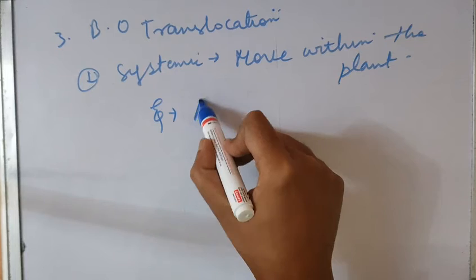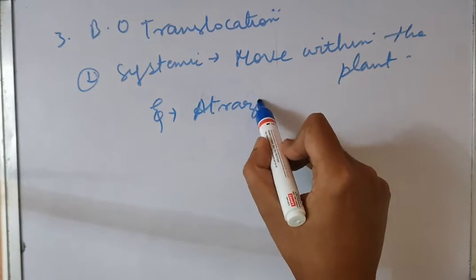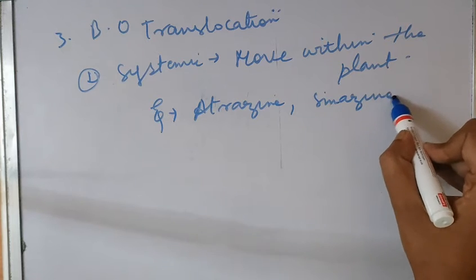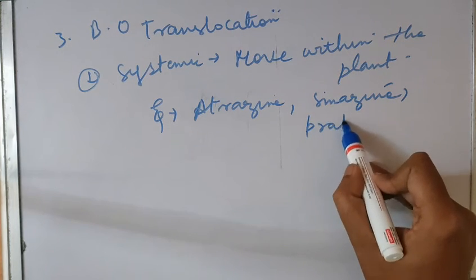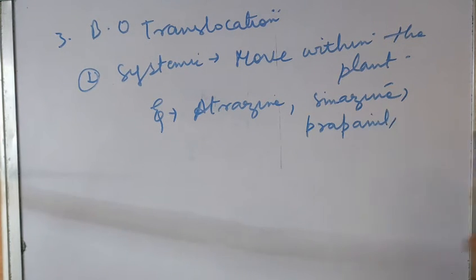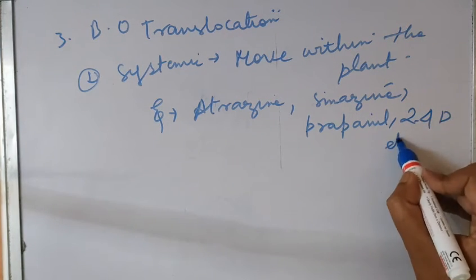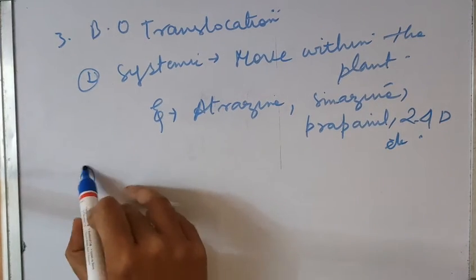For example, we have atrazine, simazine, propanil, 2,4-D, etc. So these are some common systemic herbicides.